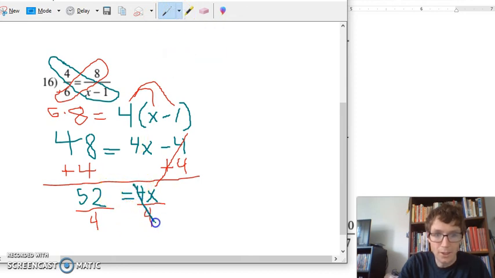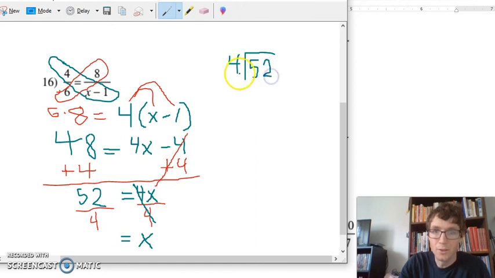So this cancels over here. Now we just have x equals, and what is 52 divided by 4? Well, actually, I'm just going to go through the long division for that one, because it's a good time to review it. So 4 goes into 52 how many times?